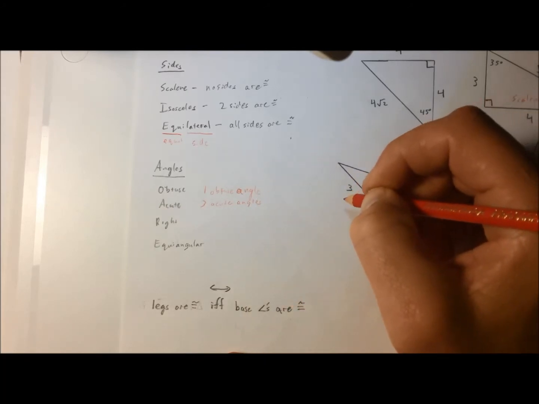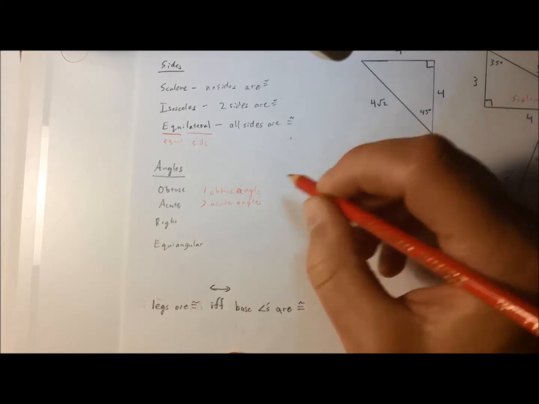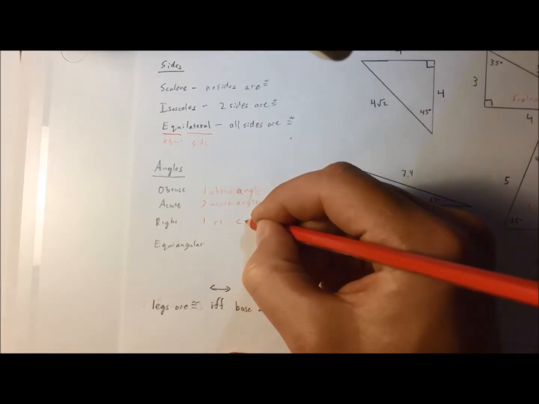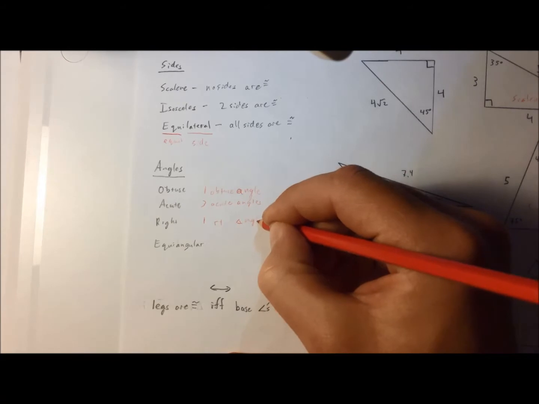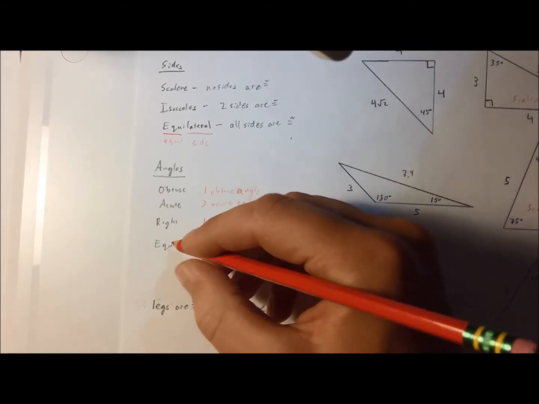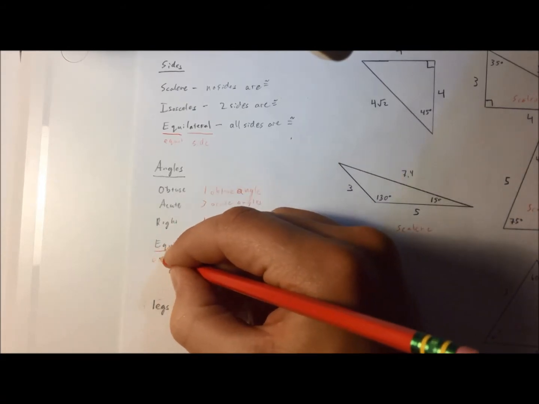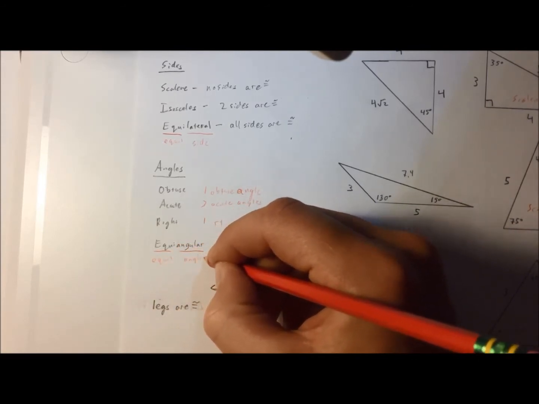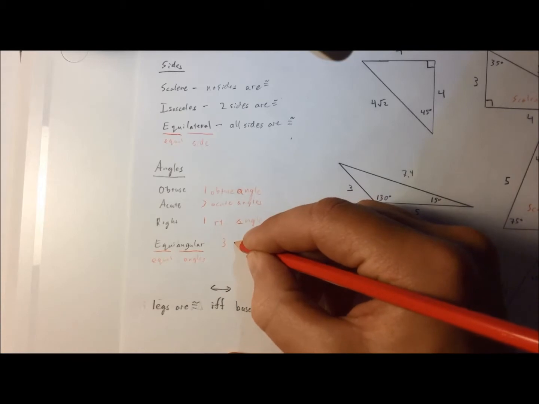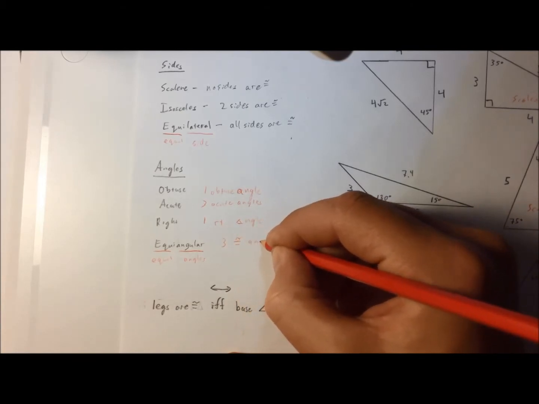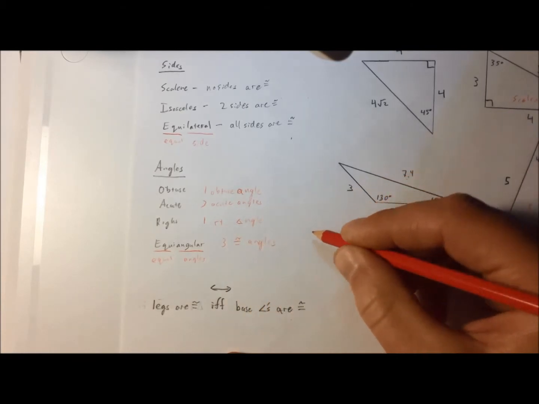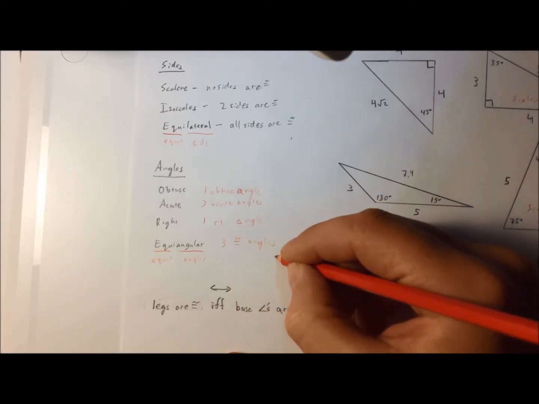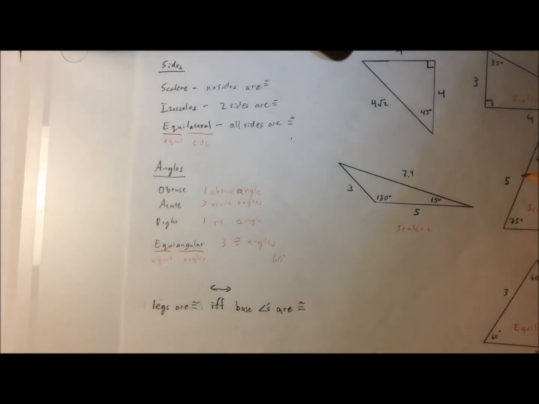But it's got to have all three of them to be an acute triangle. And if it's a right triangle, it only has to be one right angle. And if it's equiangular, well, this means, of course, equal. Angular is in angles. So three congruent angles. And we'll find out here that if the three angles are congruent, they're all going to be 60 degrees.